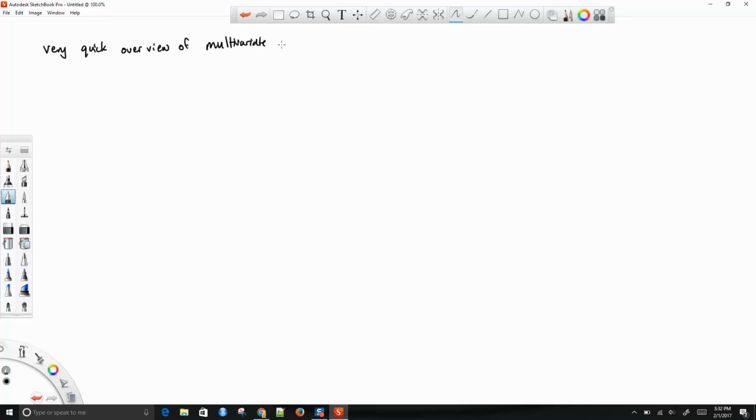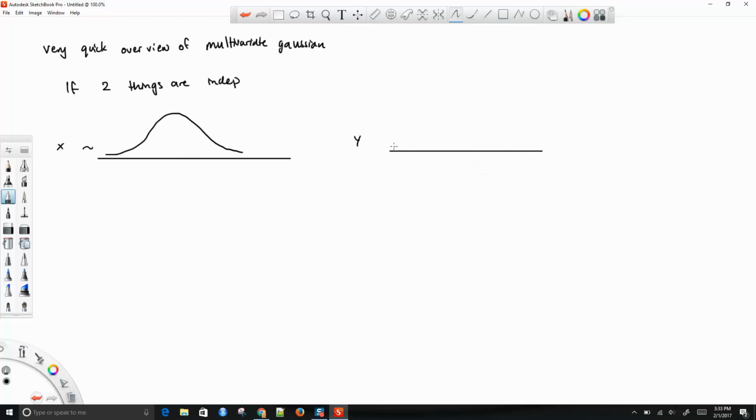Okay, so if two things are independent, you can think of one of these things, this could be x, as having a Gaussian distribution that looks like this, and then y comes from a Gaussian distribution that looks like this. And if they're independent, then you end up getting these concentric circles, okay?